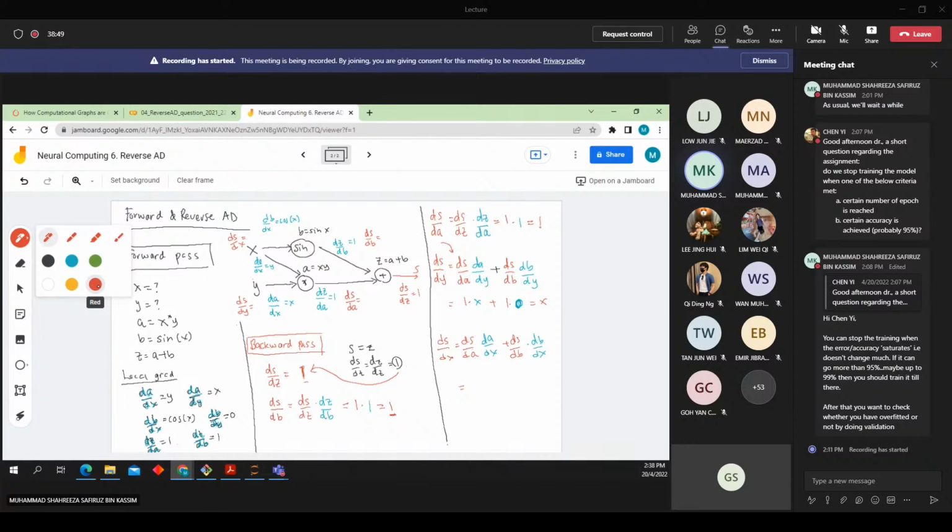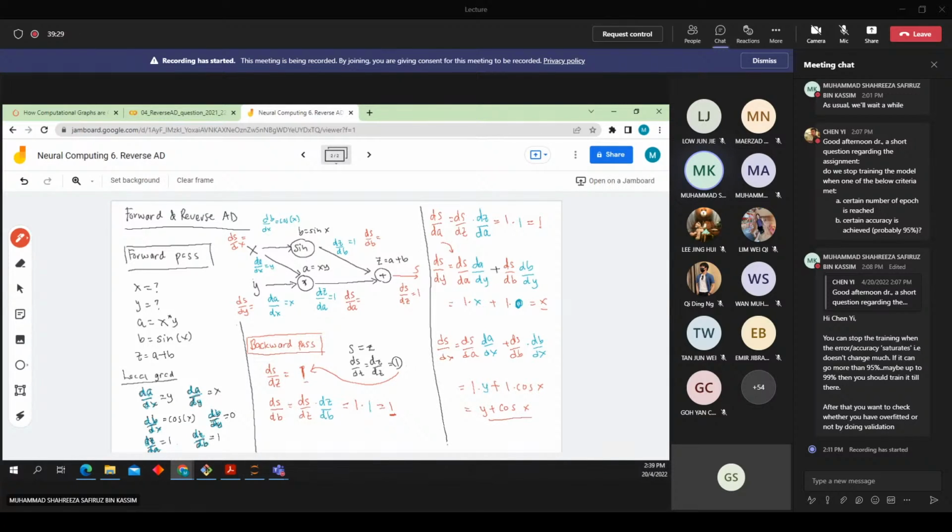By this point, you have probably figured it out. dA of dx is y, plus ds of dB equals 1 again because of this guy, plus 1 times dB of dx, so the partial derivative of b with respect to x, which is cosine of x. So y plus cosine of x.